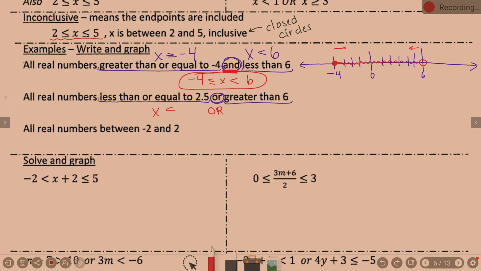And then it says greater than 6. So this time we start with x greater than 6. So with an or statement, you always just write the two statements together with the word or in between.